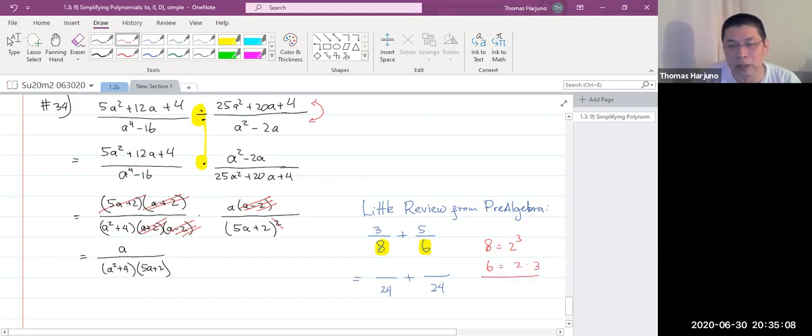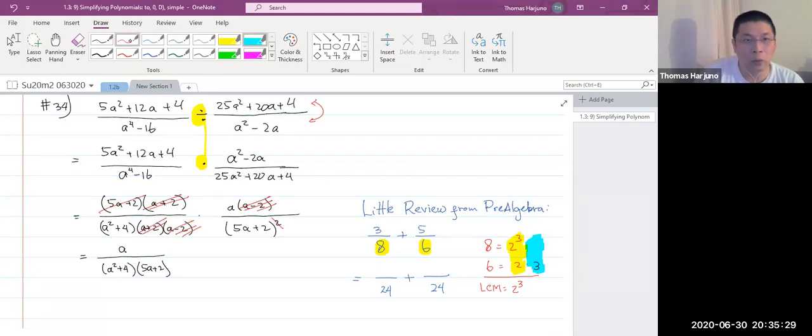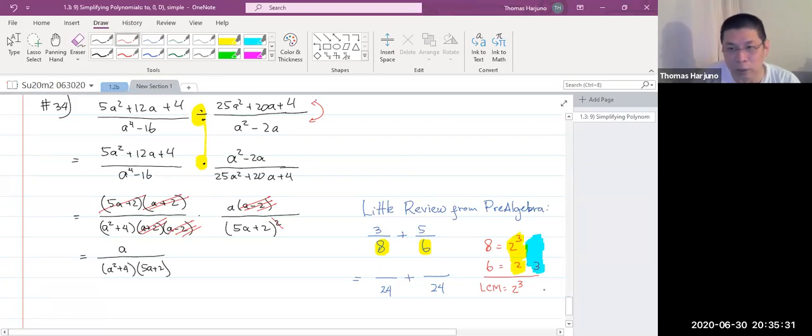Now, the LCD, or in this case, the least common multiple of 8 and 6, is therefore, for the same base, you pick the higher exponent. For any same base, you pick the higher exponent. So for the 3, we will use 3. This is 8 times 3, that's how we get that 24.